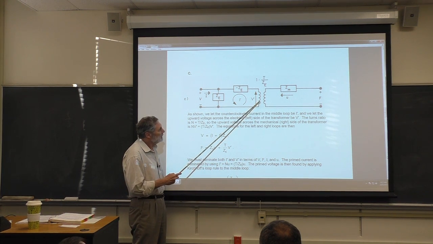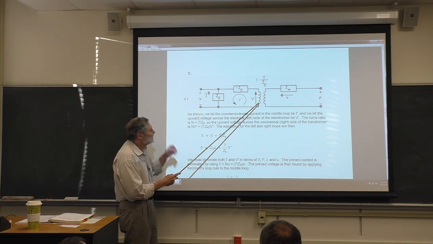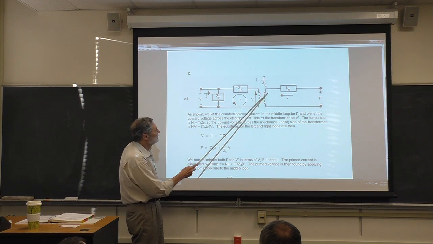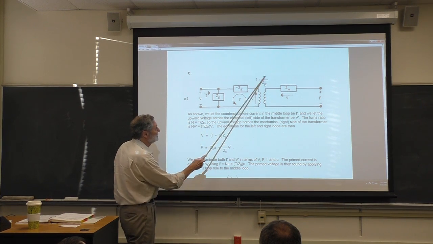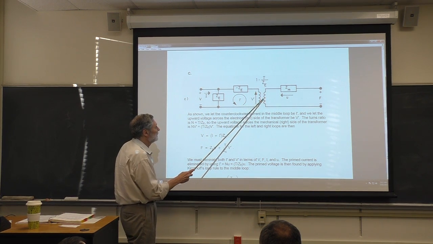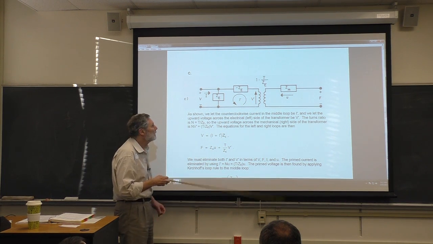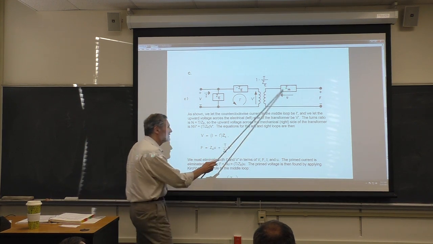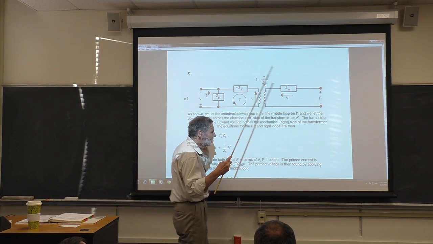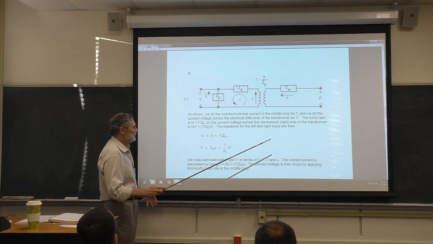It's just that when you had more turns here, it stepped up the voltage. So we know the voltage across here. It's going to be just this turns ratio, this number, times that voltage. Again, we're thinking of this as really mechanical, because this is not a dimensionless number, but that's okay.